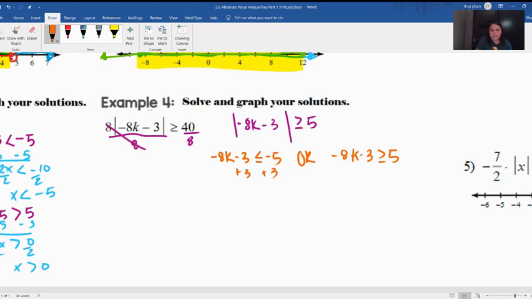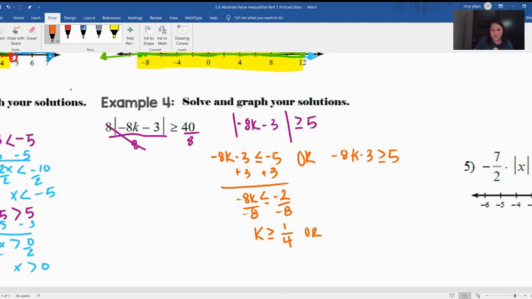Add 3 to both sides. So I get negative 8k is less than or equal to negative 2. And when we simplify this, look what happens here. You have to reverse the symbol again because you're dividing by a negative 8. So it's going to be k is greater than or equal to 1/4.